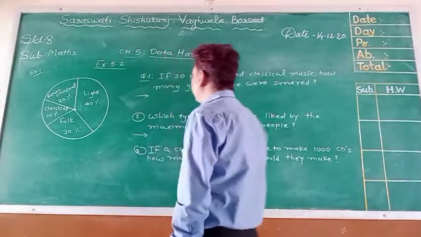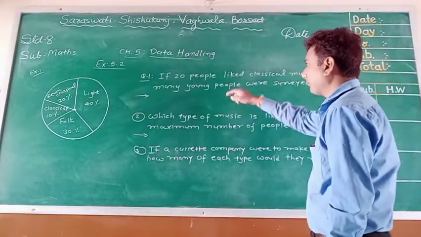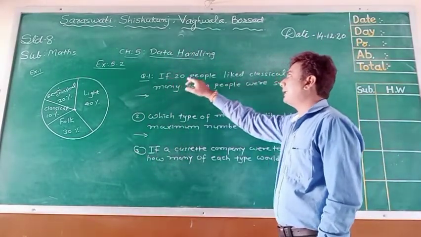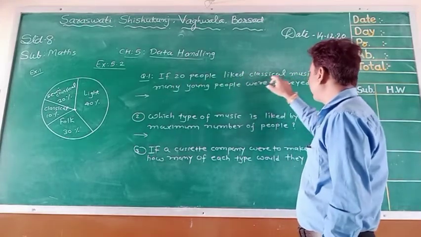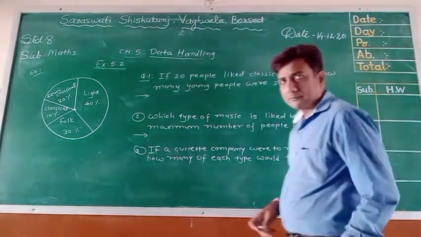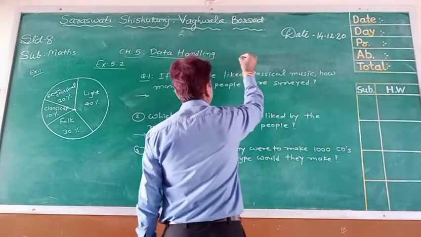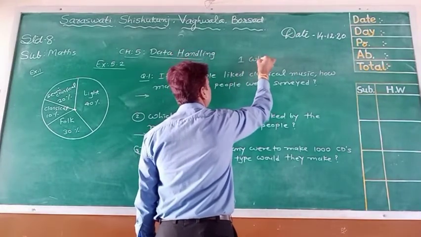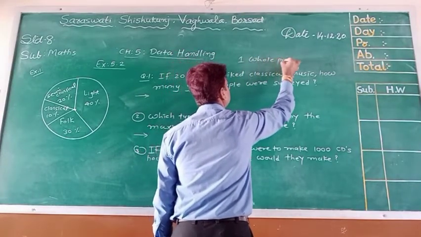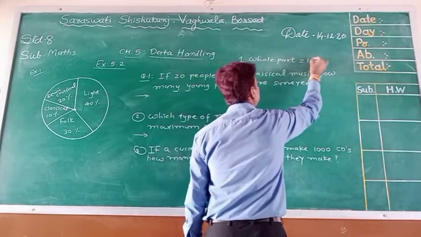So in this survey, question number 1: if 20 people like classical music, how many young people were surveyed? First we have to write the whole equal to 100%.